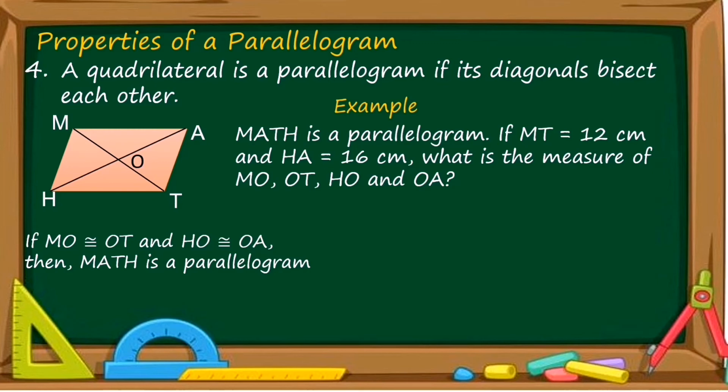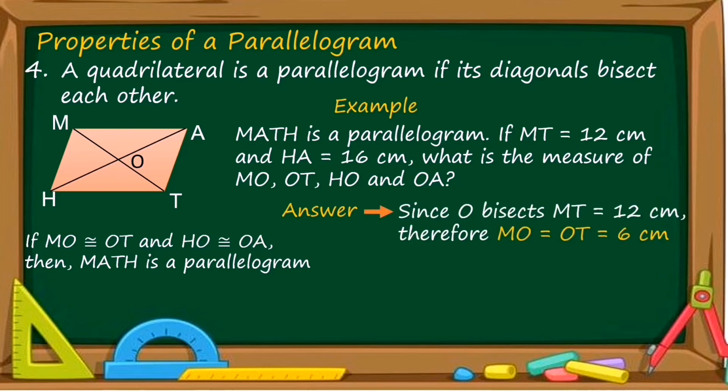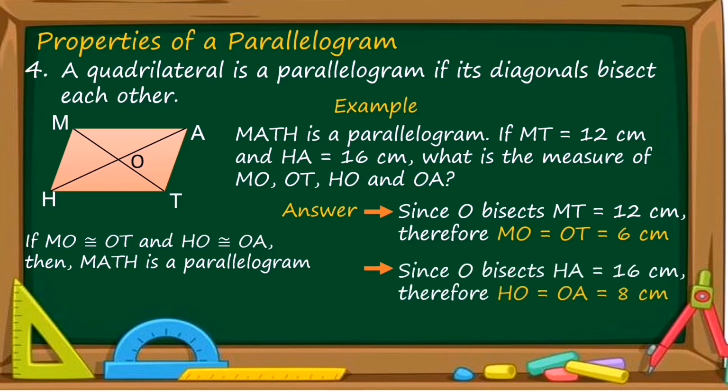To answer this and following the property, our answer is, since O bisects MT, which is equal to 12 cm, therefore, MO and OT are each 6 cm. Then the last one, since O bisects HA, which is equal to 16 cm, therefore, HO is equal to OA, which is equal to 8 cm.